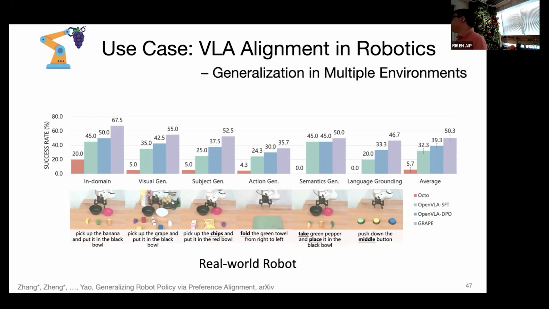And we have semantic generalization and language grounding. Finally, we get the average performance compared with the baselines Octo, OpenVLA SFT, and OpenVLA DPO.